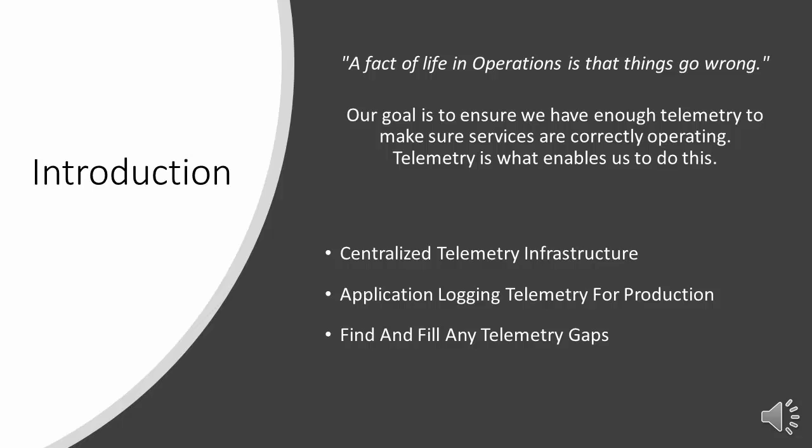Telemetry is what enables us to assemble our best understanding of reality and detect when our understanding of reality is incorrect. With centralized telemetry infrastructure, application logging telemetry for production, and finding and filling any telemetry gaps, we will show that telemetry will help us understand our reality of production.